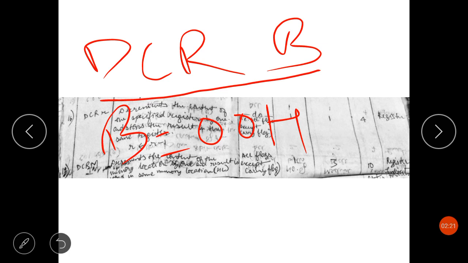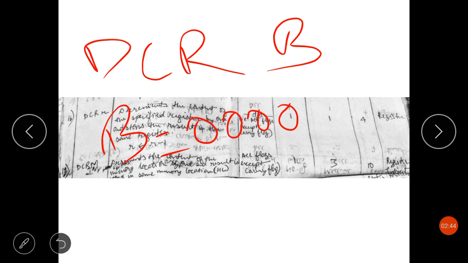The content of the register will get decremented and the result will get stored in register B. Let me do it in this way, it will be easier for you to understand.